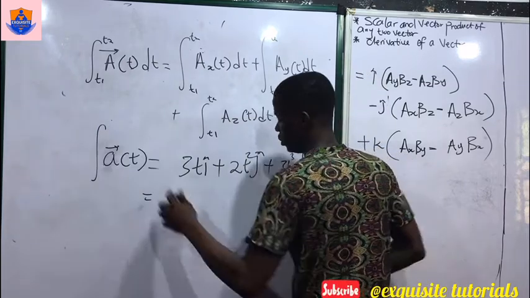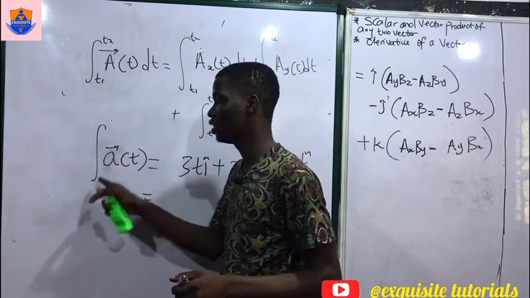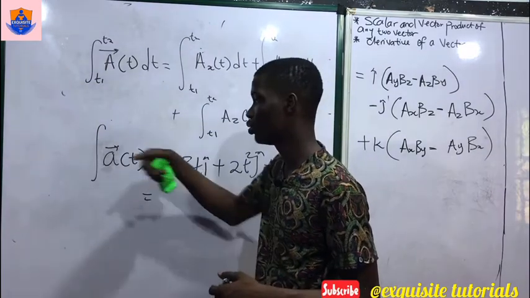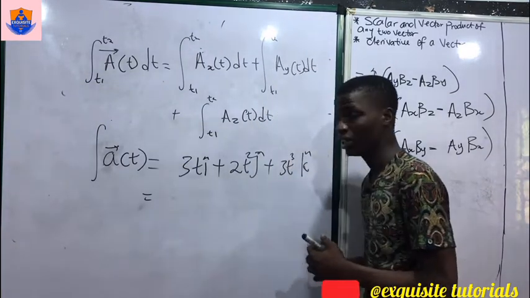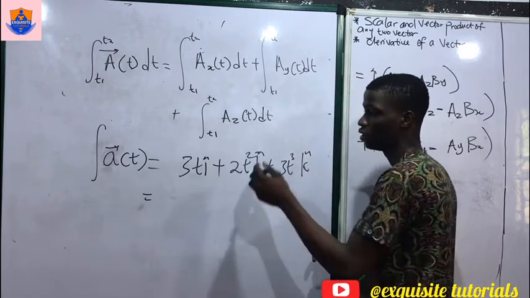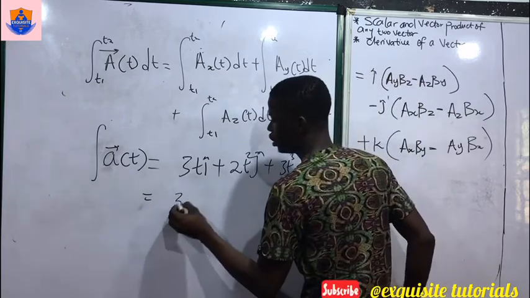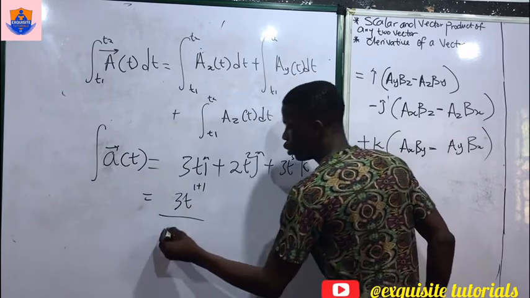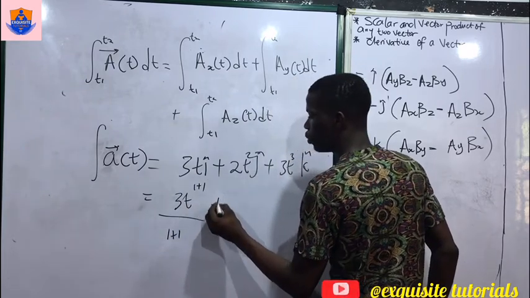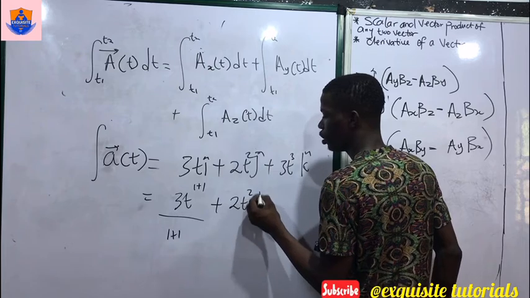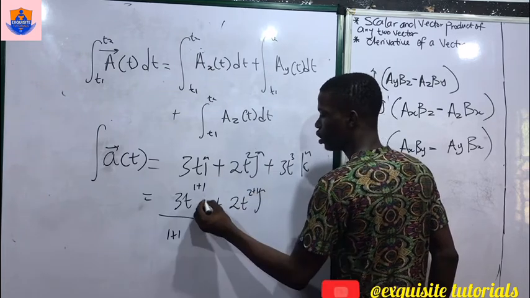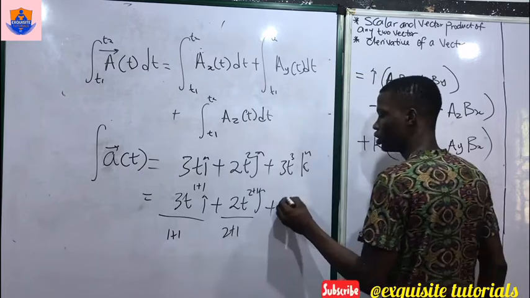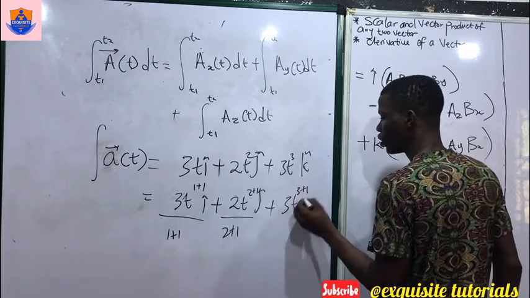We're not given a boundary value for our t. Assuming we're given a boundary value, we can just use it, but I don't want to introduce boundary values here. We'll be wasting our time. So if I'm integrating this value, it will give us 3t to the power 1 plus 1. What you do at the top, you do at the bottom: 1 plus 1, plus 2t squared j over 2 plus 1, plus 3t cubed k over 3 plus 1.